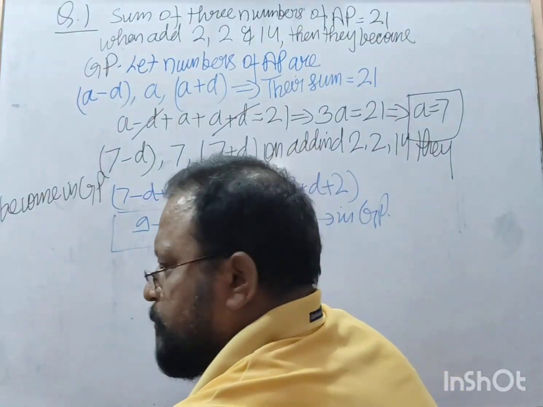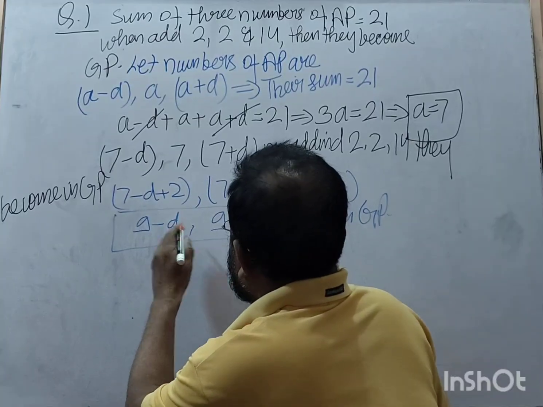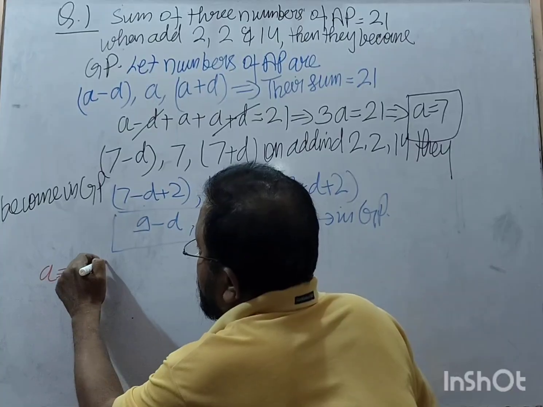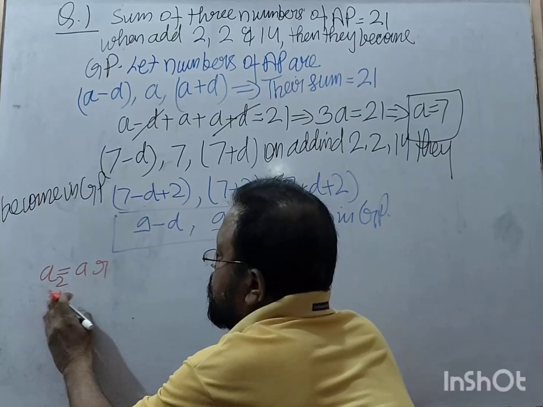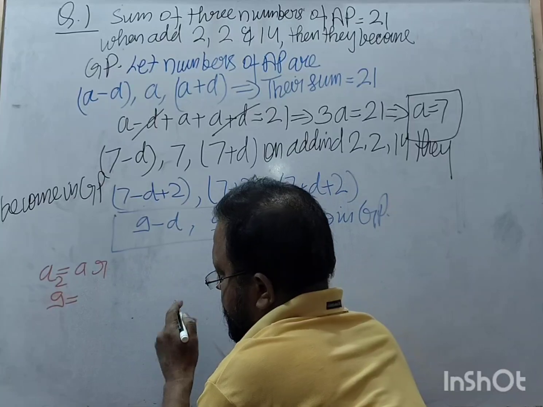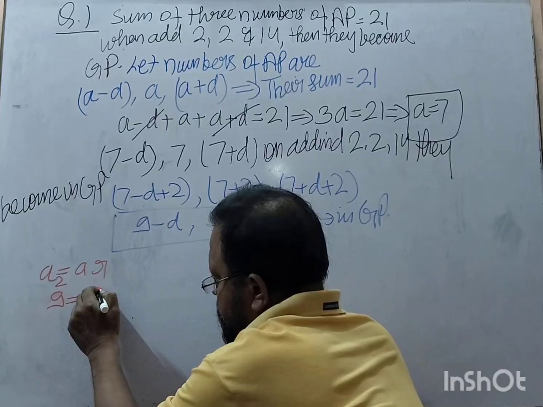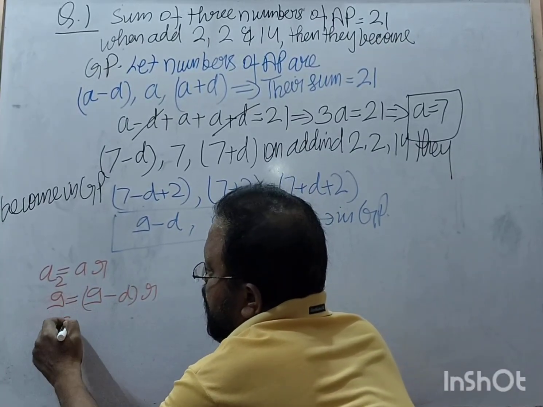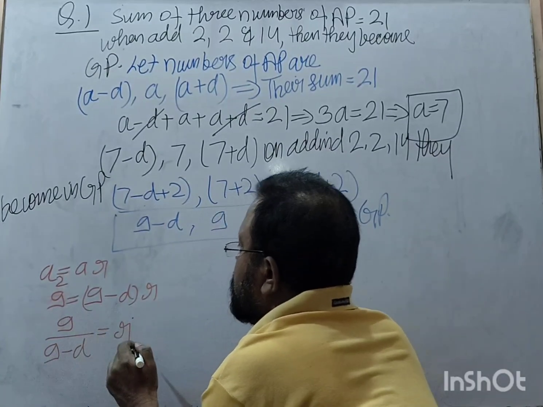Now if we take, a2 is equal to a r. So a2 is 9, is equal to 9 minus d into r, so 9 upon 9 minus d is equal to r.